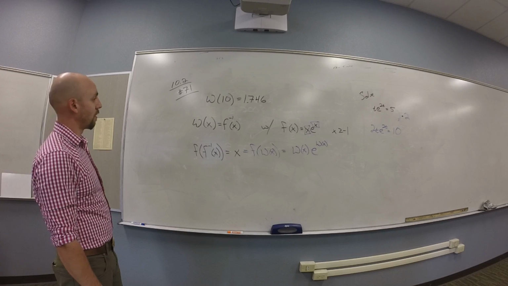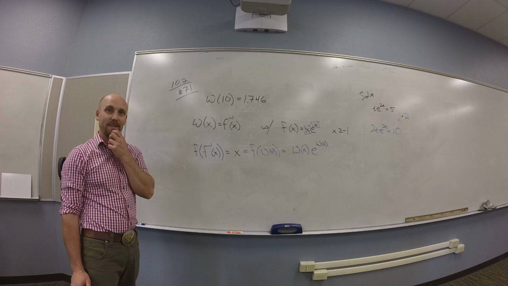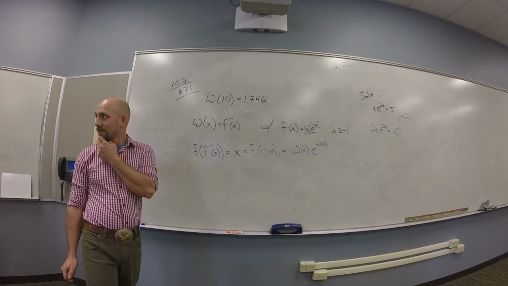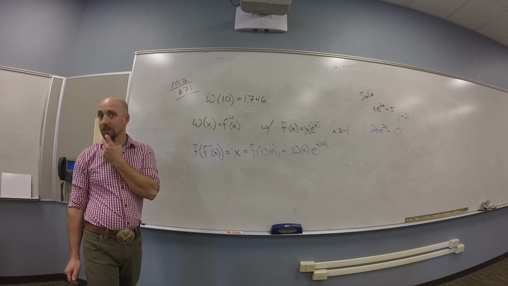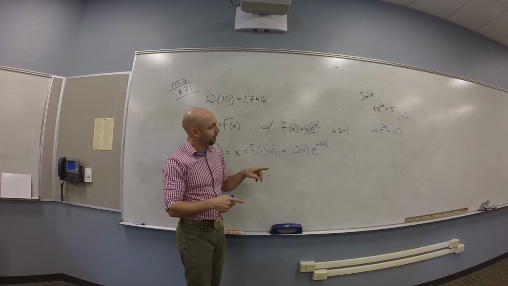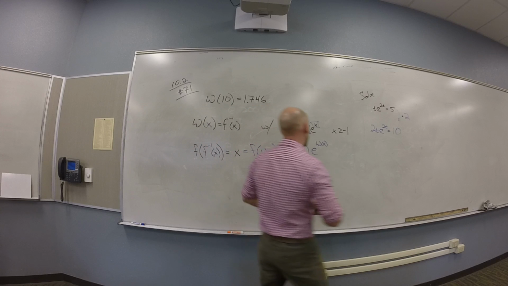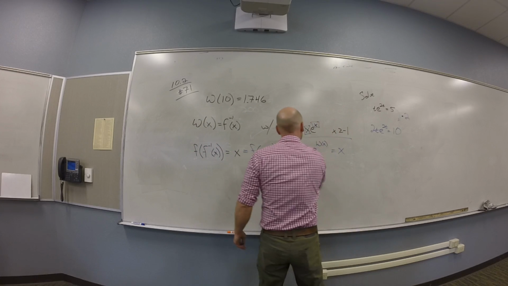I'm trying to figure out what t is, right? So then would 2t equal 1.746? That seems like it might be kind of reasonable. Let me mix and match a little bit. So here's the other thing I know.